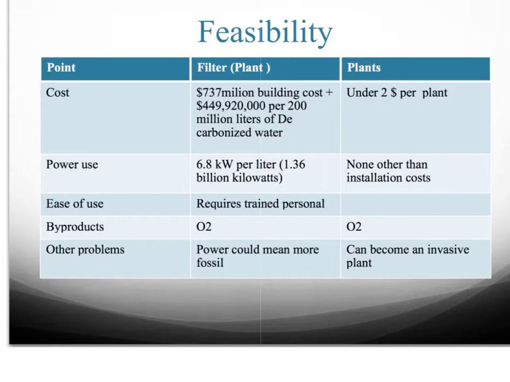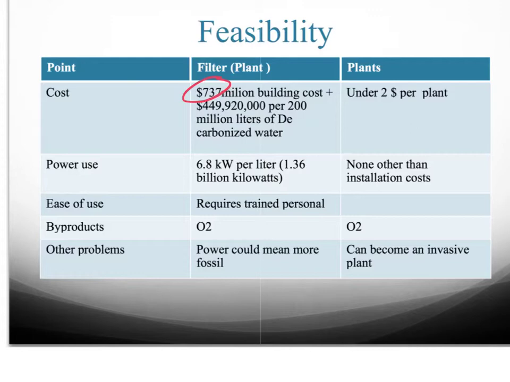And so we found similar plants, and we found out that it would take $737 million to build it, and it would take $449,920,000 to pay for the activated carbon filters at an industrial price for activated carbon.